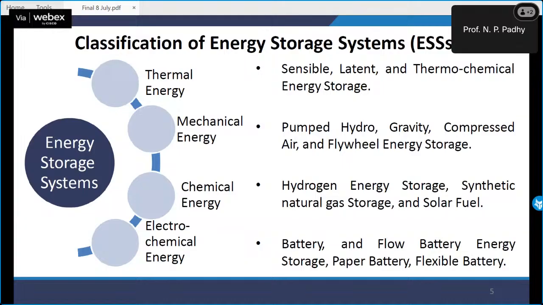Pumped hydro, gravity, compressed air, and flywheel fall under the umbrella of mechanical energy type storage. Then we move to chemical energy: hydrogen energy storage, synthetic natural gas storage, and solar fuel fall under chemical energy type. Then we can move to electrochemical energy type, where we talk about flow batteries, paper battery, flexible battery. They're all under electrochemical energy storage devices.